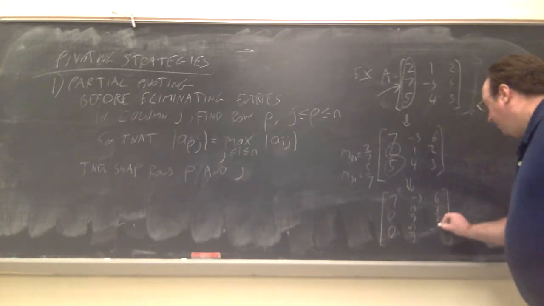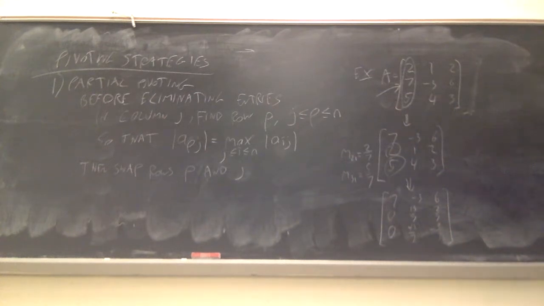So minus 9 over 7. Okay. So now, the first column is done. We move to the second column. And can anyone tell me if a row interchange is going to be needed this time?